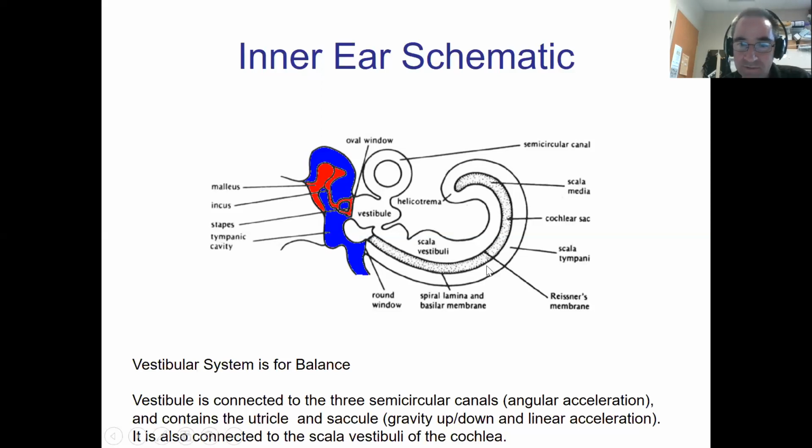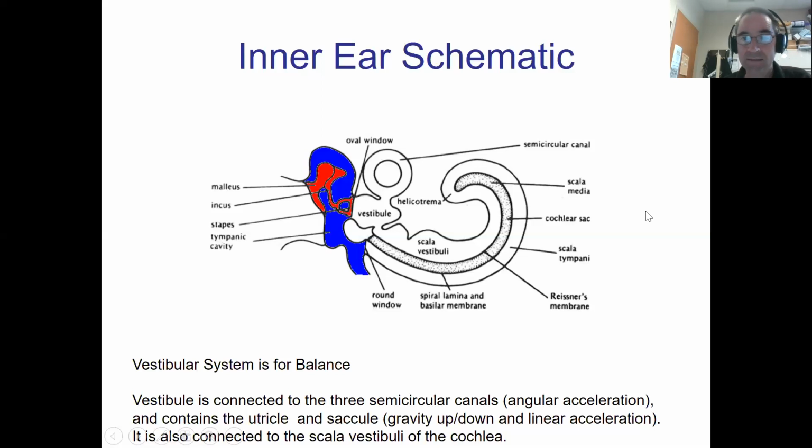And then scala tympani is terminated by the round window, which we saw in the last set of slides. If you could get into the middle ear cavity, you could actually see the membrane covering the round window. And as we said, that's the pressure relief. So when the stapes pushes in, that bulges out and allows us to get energy into that system.